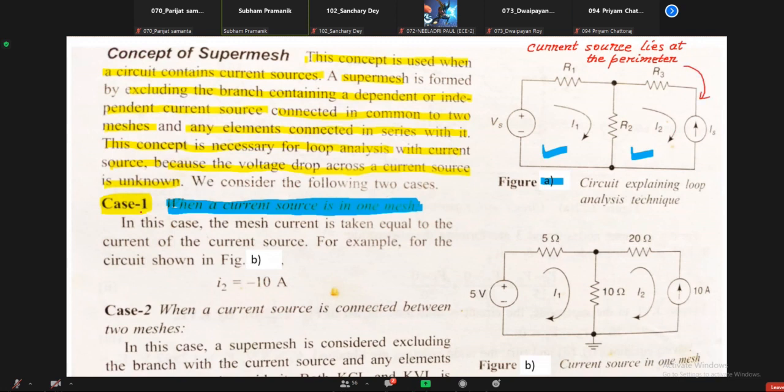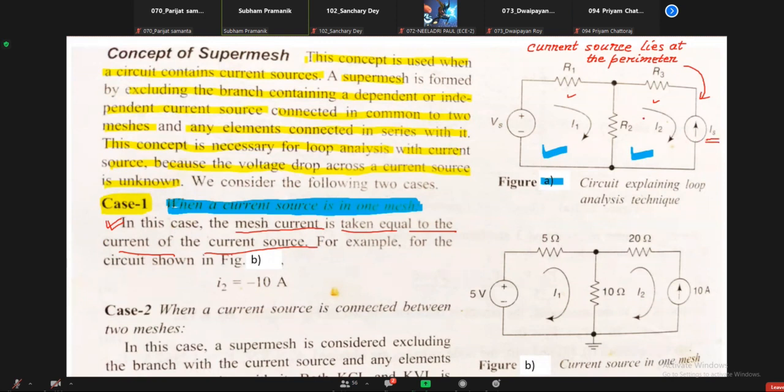Under this case, the method suggests that the mesh current is taken equal to the current of the current source. If there are two meshes, this is mesh 1, this is mesh 2, then mesh 2 current, that is I2, is taken exactly equal to the current delivered by the current source.